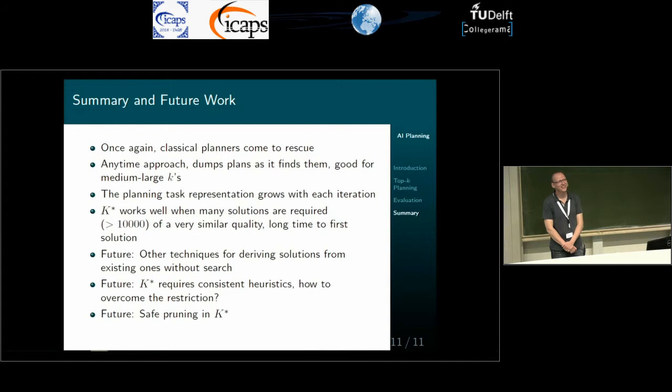You're looking for a set of K different optimal plans or best plans. What exactly is the criteria for plans to be different? The sequence has to be different. So if you have 10,000 permutations of the actions in the same plan, that's 10,000 different plans you will get. Yes.